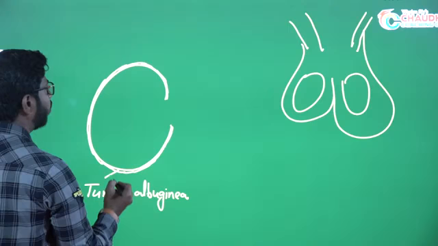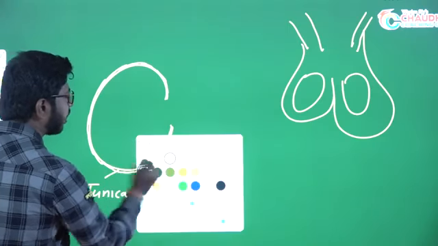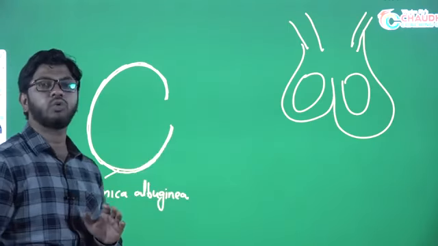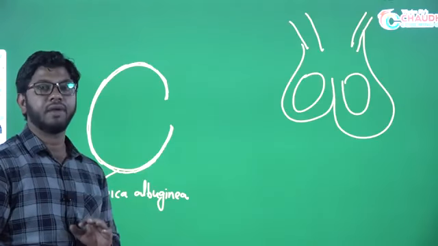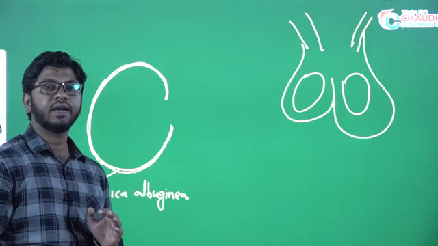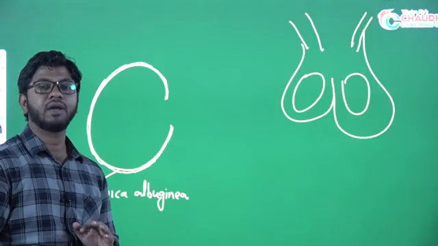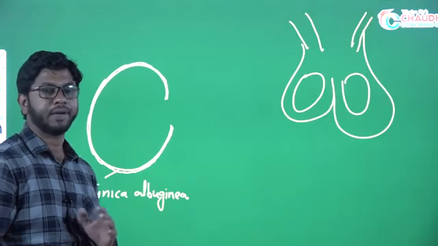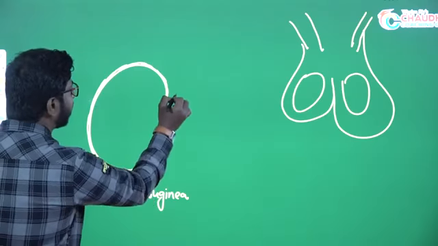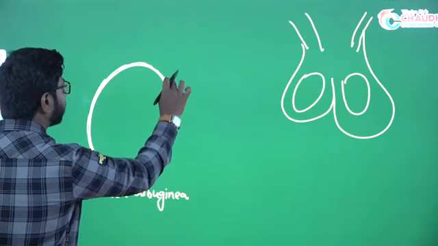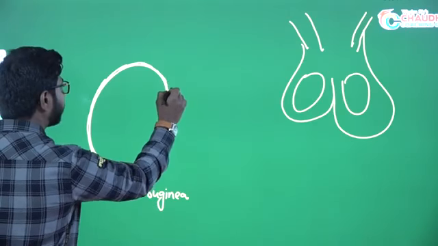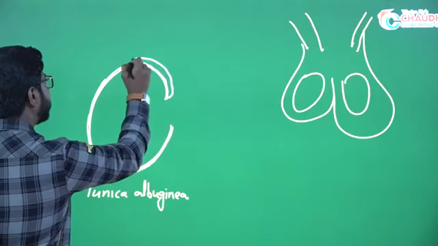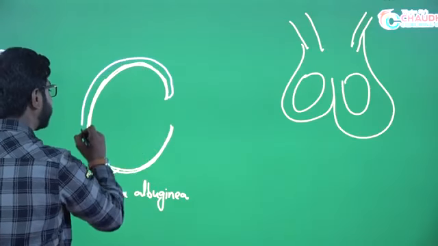However, outside the tunica albuginea, one more protective cover is present, but it is very thin and membranous. It contains the peritoneum membrane along with some blood capillaries. This outer covering, which just looks like this, is known as tunica vaginalis.